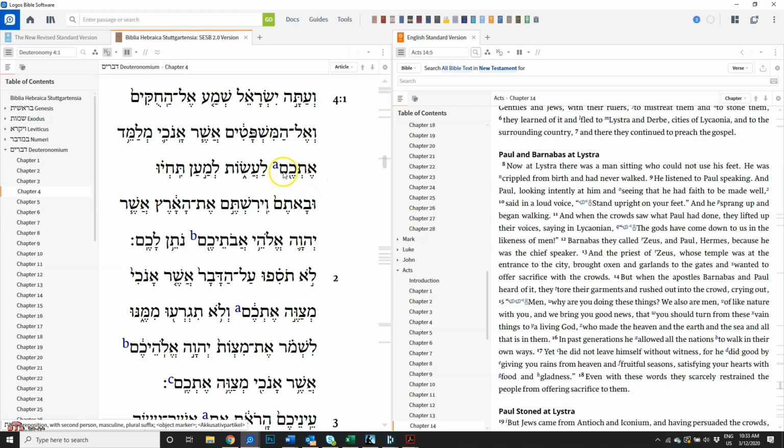I am teaching you. La'asot. This is going to be to do. This is the infinitive form of asa. A third-hey infinitive goes to holam vav tav. Asa becomes asot, and then the lamed preposition here just adds to the idea of to do.